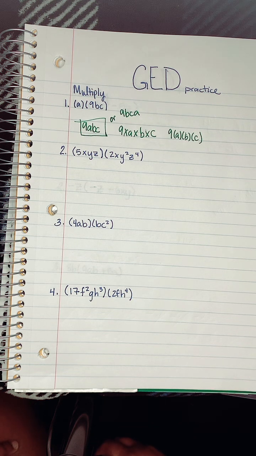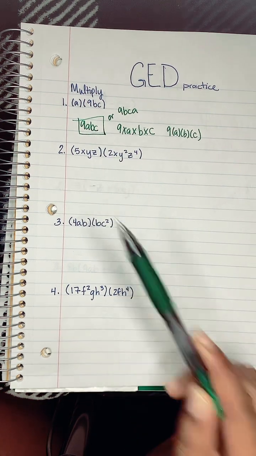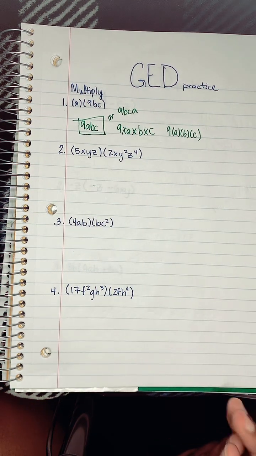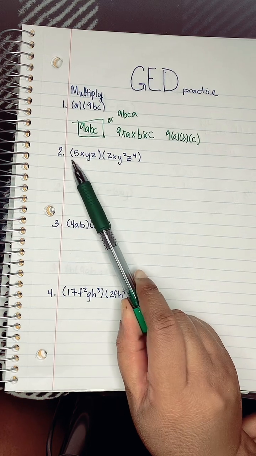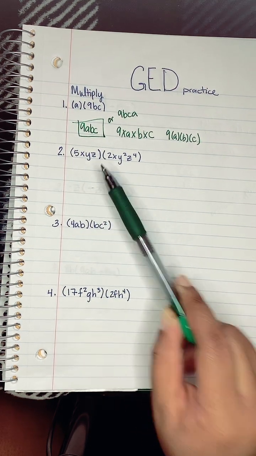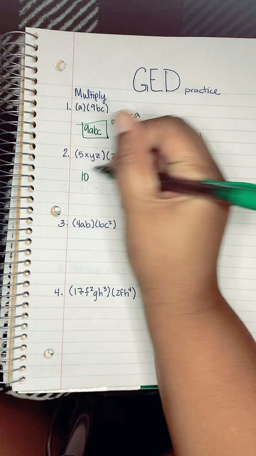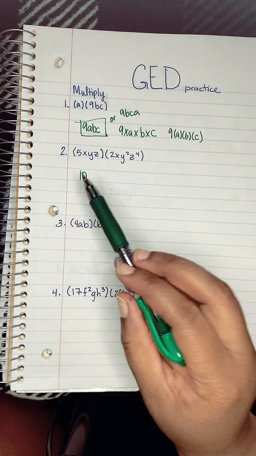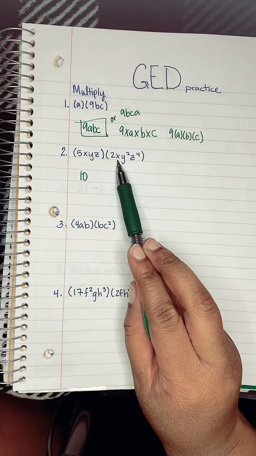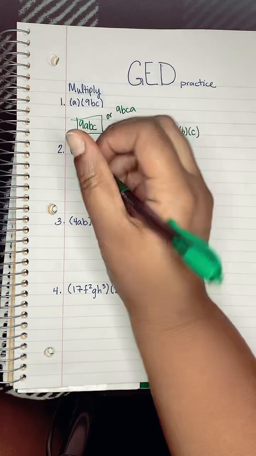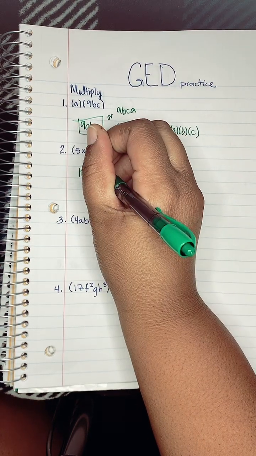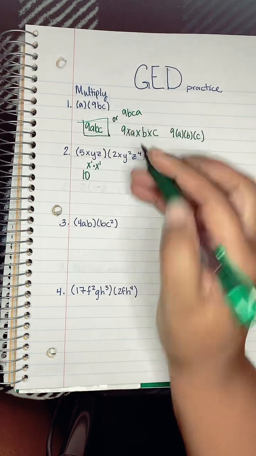Great. All right, let's go to number 2. Okay, I say take this step by step. 5, this is a coefficient. 5 times 2 is 10. X times x. Remember, this is x to the 1 times x to the 1.